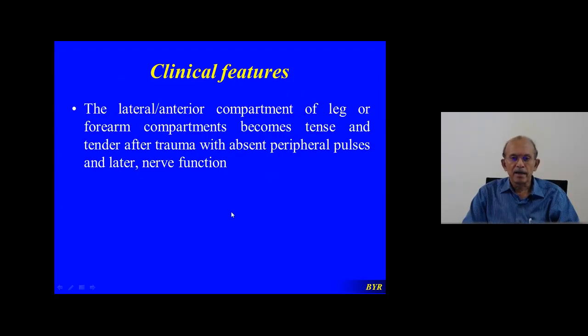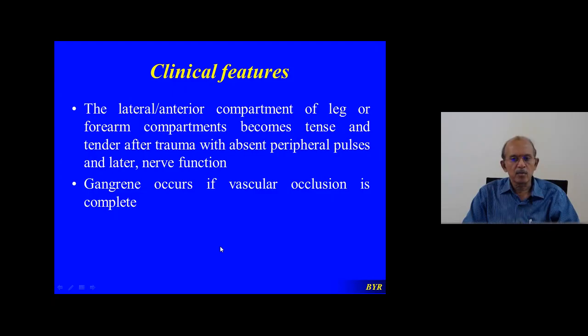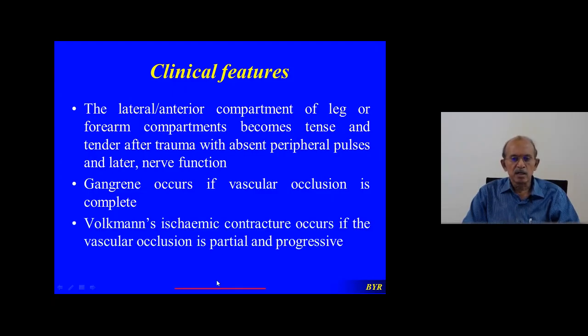So the lateral or anterior compartment of the leg or forearm compartments becomes tense and tender after trauma with absent peripheral pulses, and later the nerve function also is absent. Gangrene occurs if vascular occlusion is complete. Volkmann's contracture occurs if the vascular occlusion is partial and progressive.